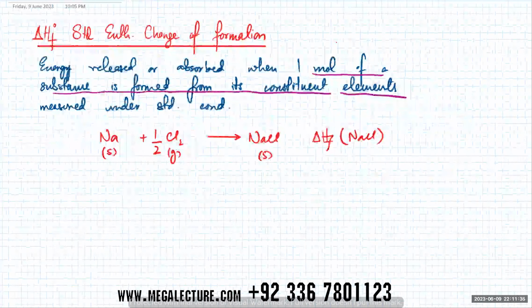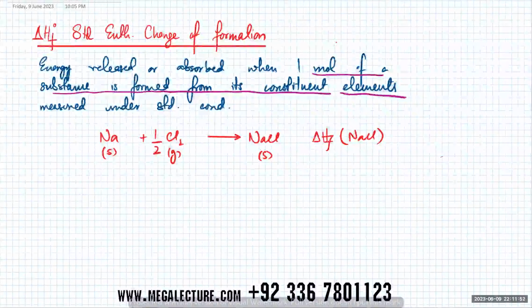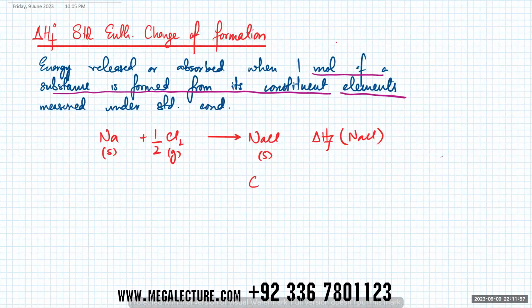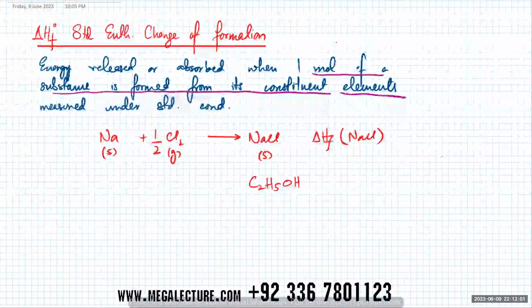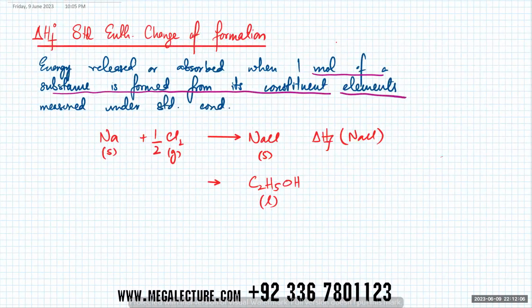What is the enthalpy of formation of ethanol? How would you write the equation? What's the formula of ethanol? C2H5OH. So 1 mole of ethanol, C2H5OH, liquid, which is going to be formed from its elements.